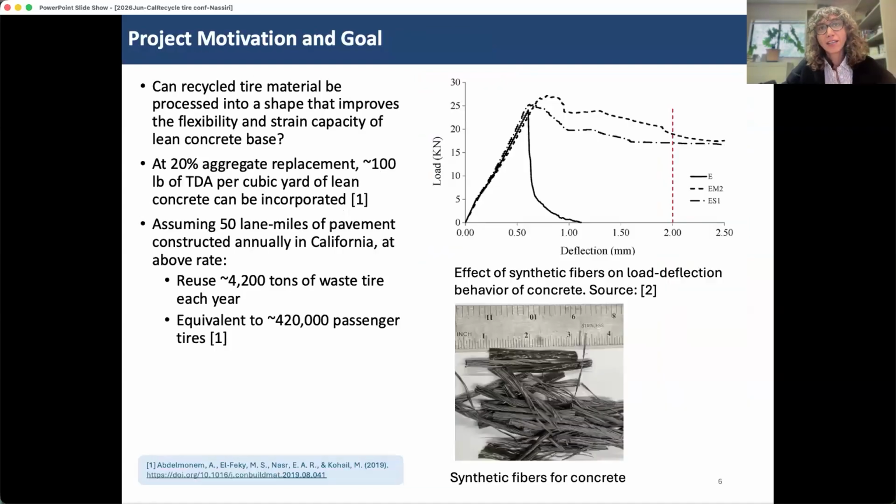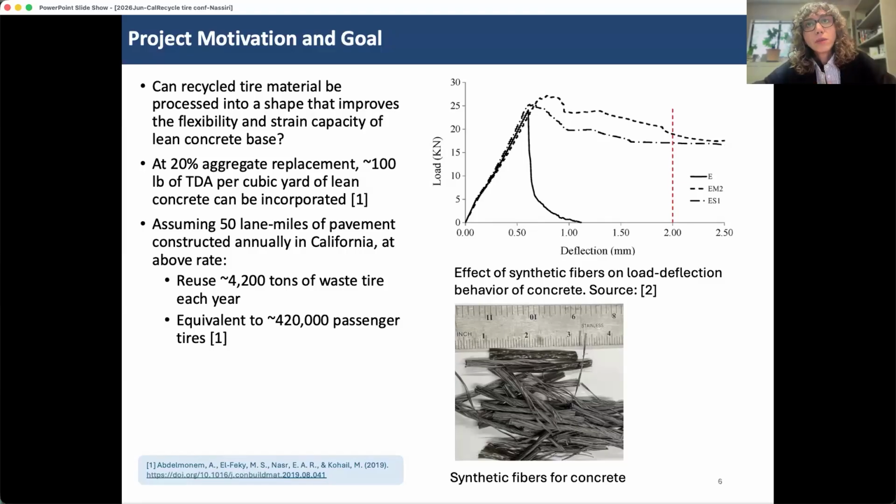Okay, so this was the background as to what is the problem that we're trying to solve. And then on the other hand, we have the tires, the TDA. So what is the plan to bring these 2 areas of focus together? This goes back to our years of research on fibers in concrete.